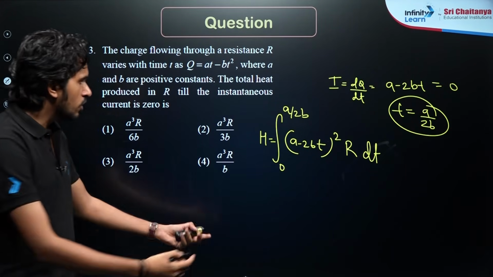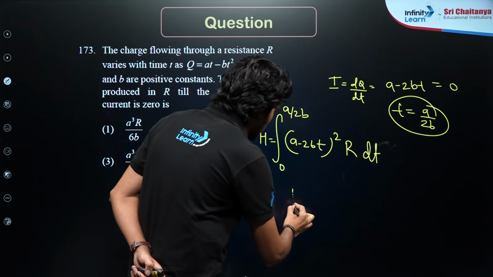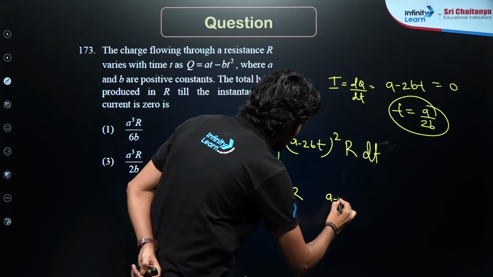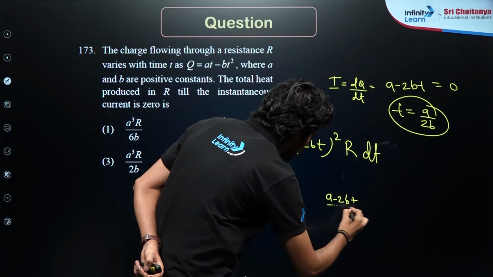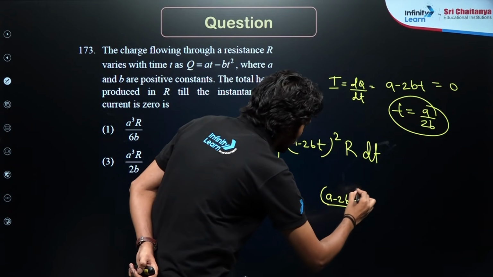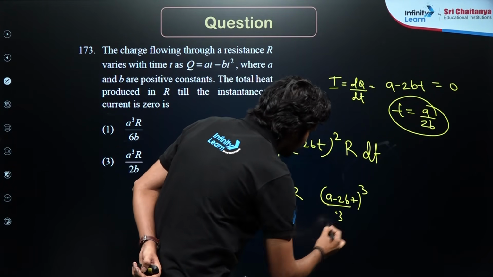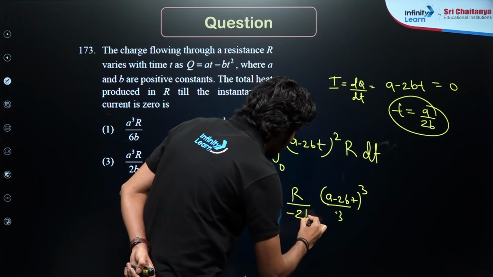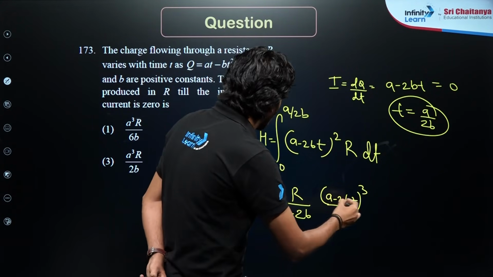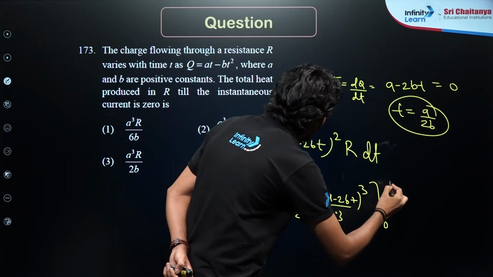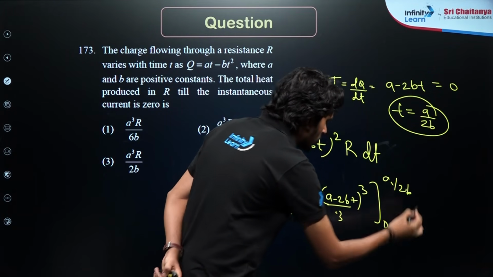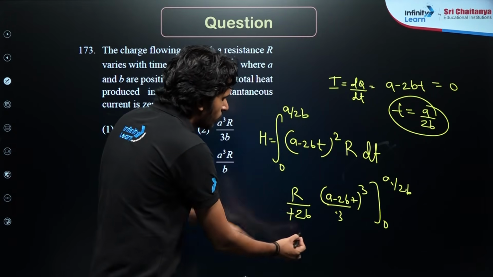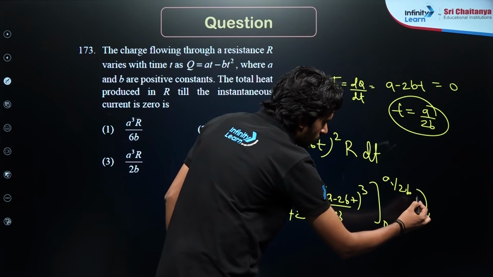Now you can do it. So R outside, and in integration of that would be A minus 2bt to the power 3 by 3 and divide by minus 2b, right? Minus 2b, and from 0 to A by 2b. Now we have minus, so change this minus and interchange the limit.